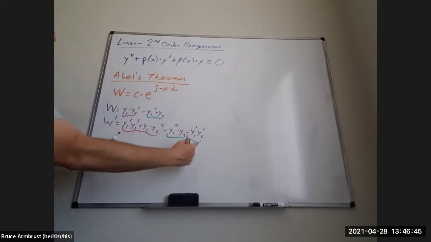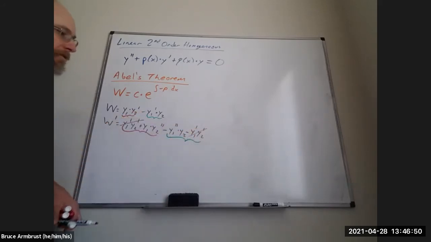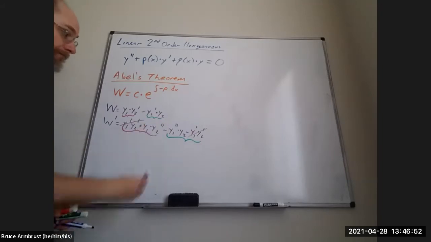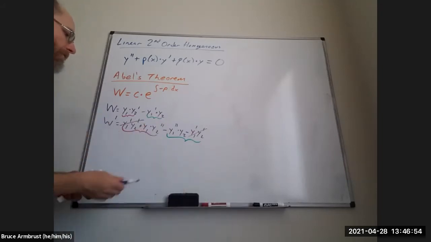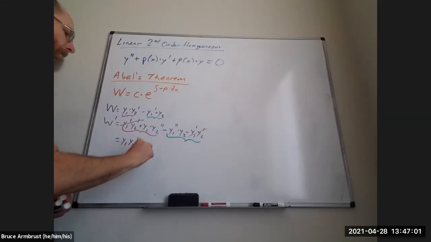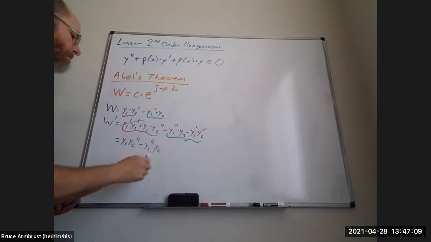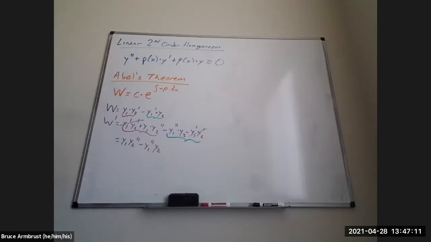But in here, the first and the last terms cancel. Those guys are identical, y1 prime times y2 prime, they're being subtracted. So the derivative of the Wronskian actually simplifies to y1 y2 double prime minus y1 double prime times y2. All right, so it is what it is.